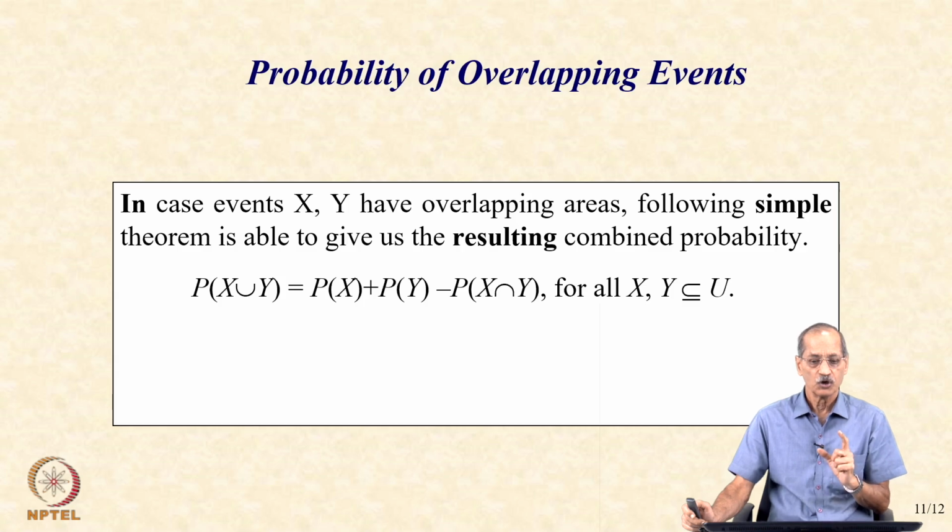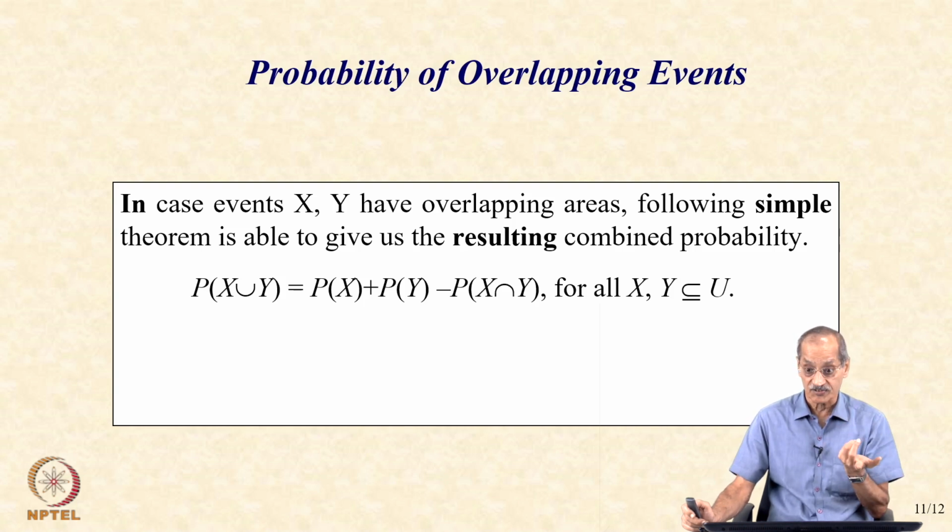So, what you do is you take out the overlapping area in the form of the probability of X intersection Y, which is now not 0, and subtract it from Px plus Py. If you subtract this much area, then the resulting area would represent the combined probability of X and Y.